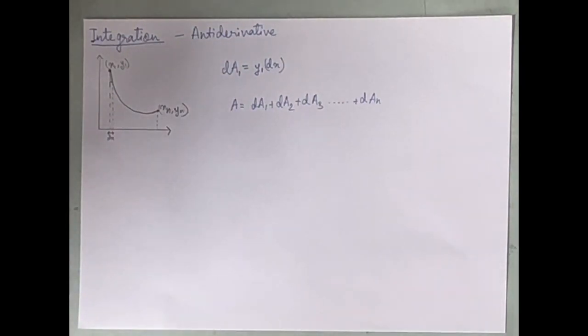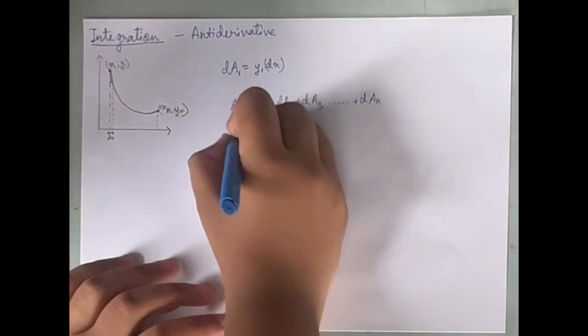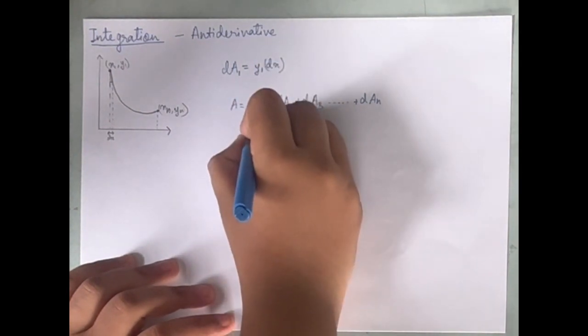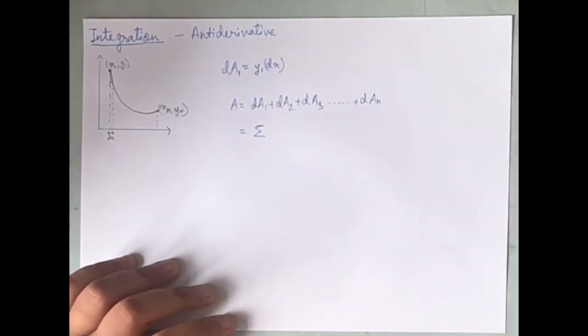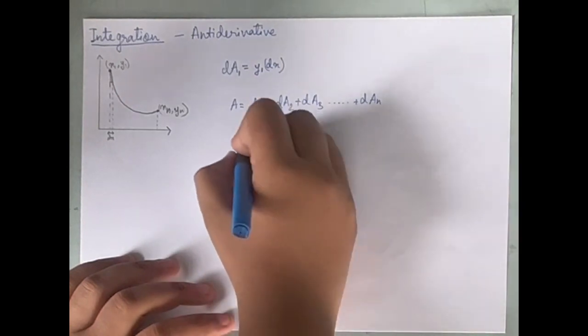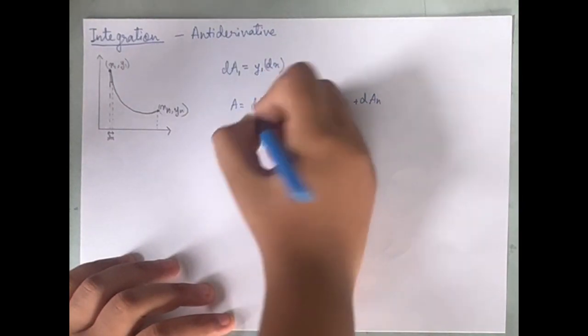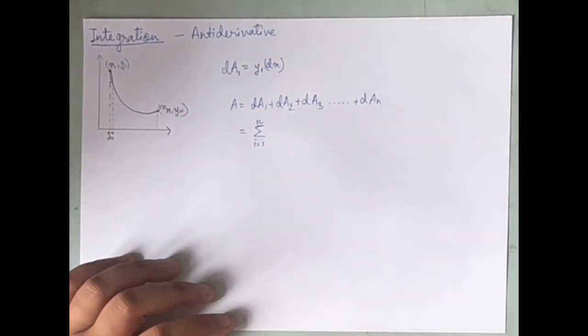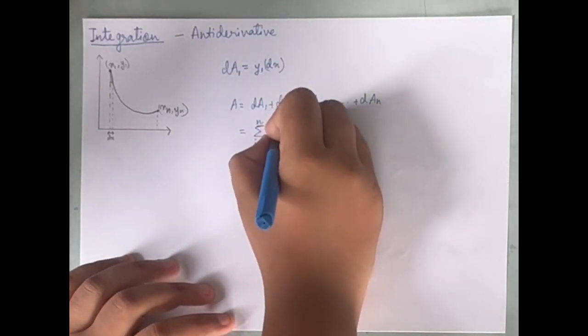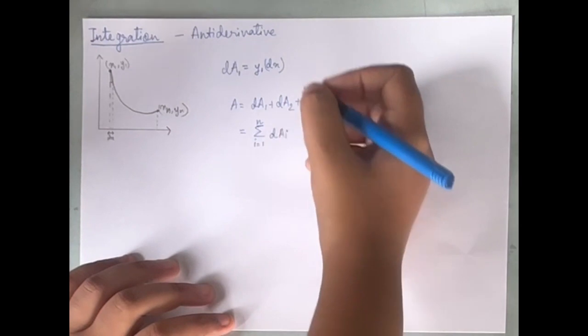Okay. So here we can see that we are adding the areas, and when there is addition, we can write it as a summation, i equal to 1 to n, of dAi.